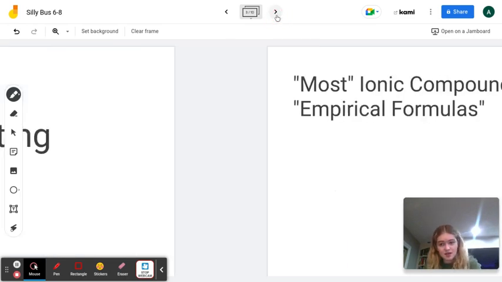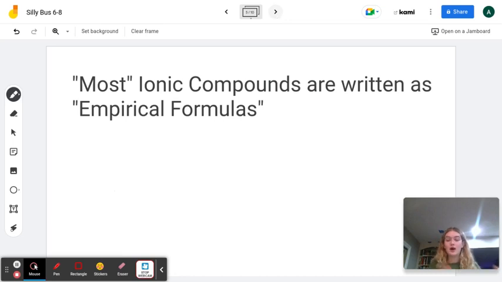So the first step is that you write it in the empirical form. Most ionic compounds are written like that. There are always a few exceptions to this rule, but those will not be covered in this video. The empirical form is pretty much the simplest ratio of elements within a compound. What does this mean? For example, on the previous slide, I wrote NaCl.